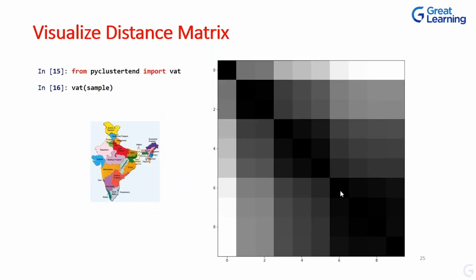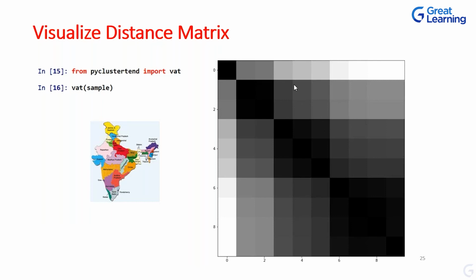And there is another visual. The diagonals are absolutely black and they are 0. Absolutely white means that the distance is very great. Pure white, very great. Pure black, 0.